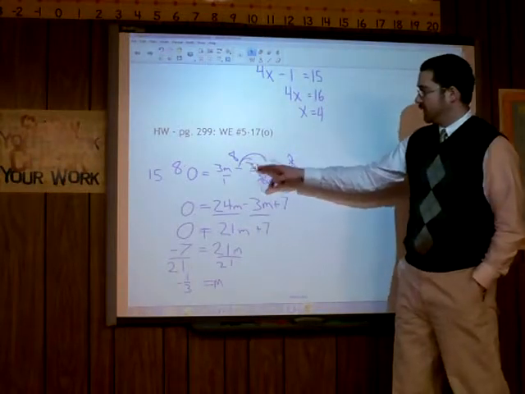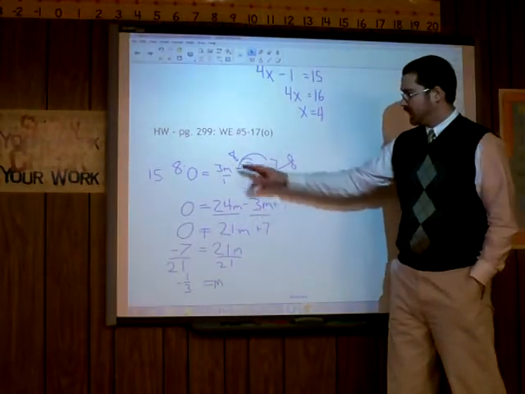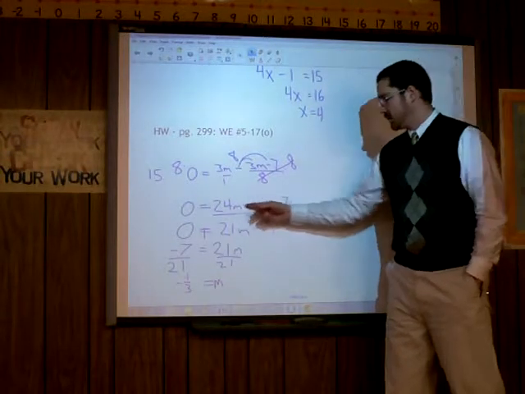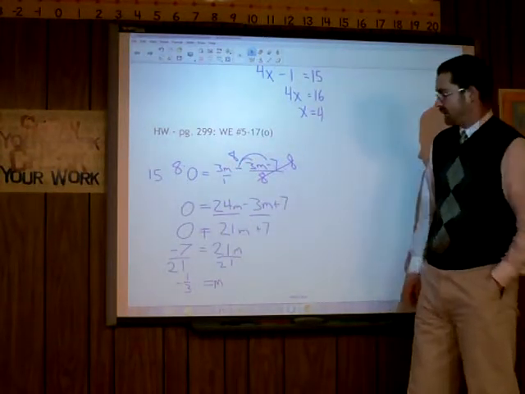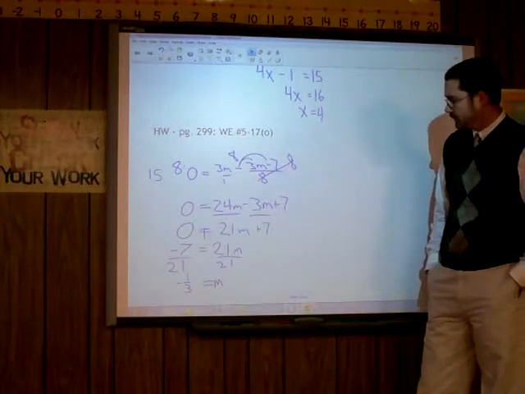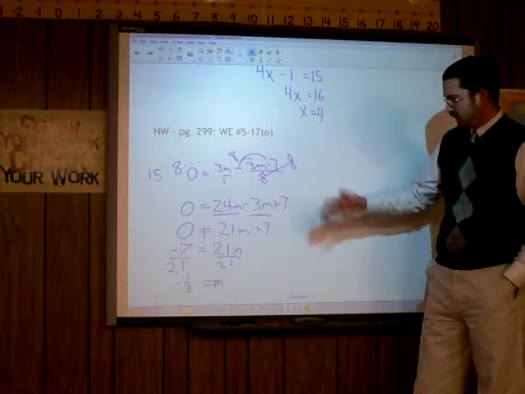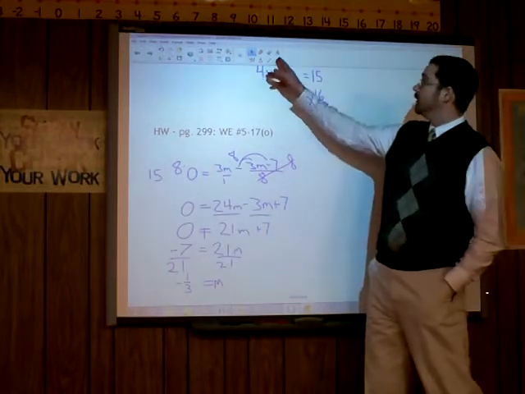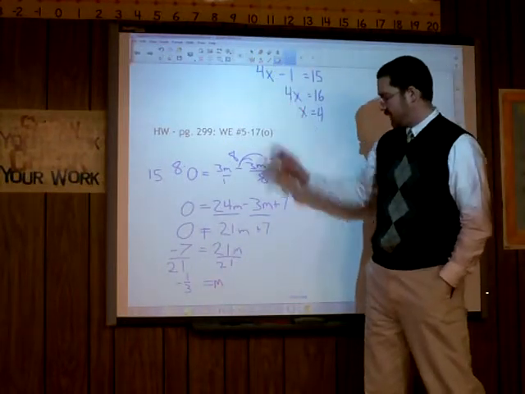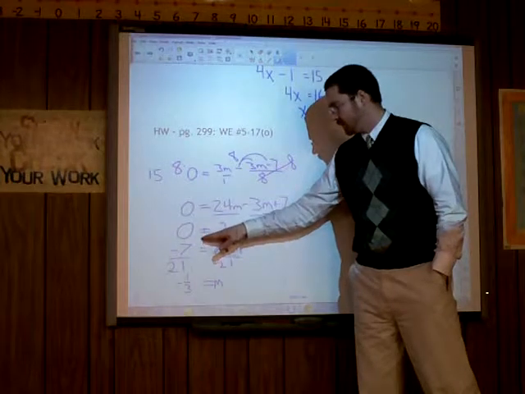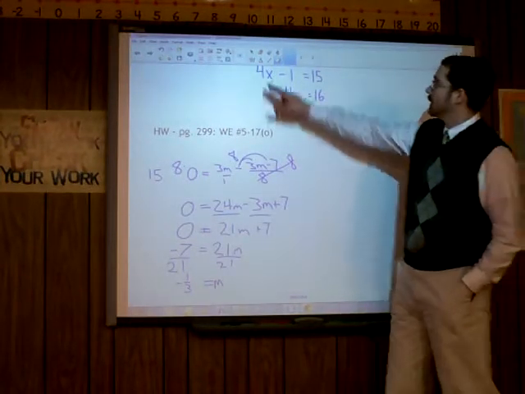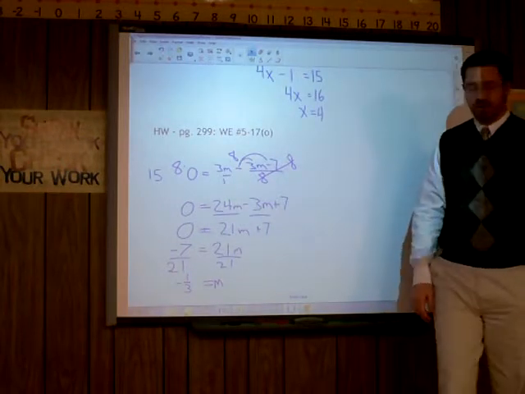So I distribute my negative, and I have 24m minus 3m plus 7, so this gives me a 21m plus 7, and at that point it should be pretty easy to finish. Okay, subtract 7 and divide by 21. Okay, so there was number 15.